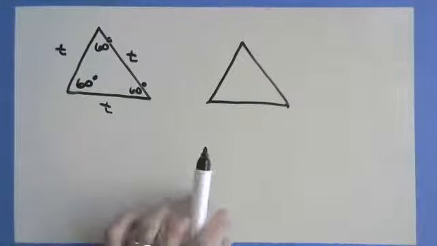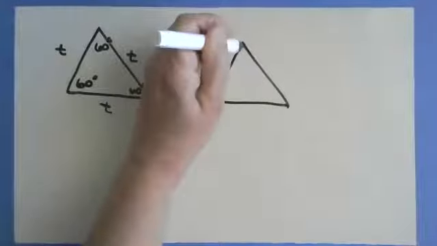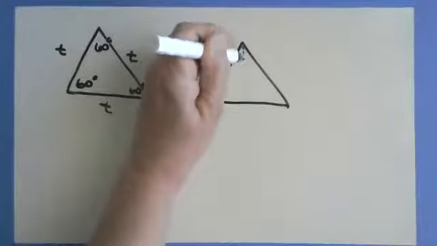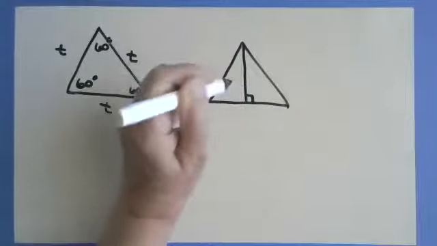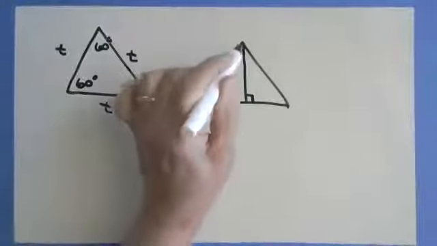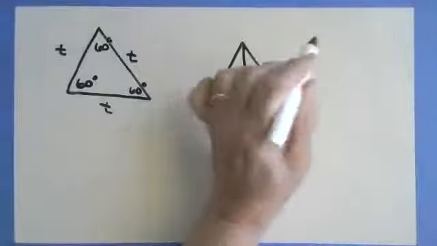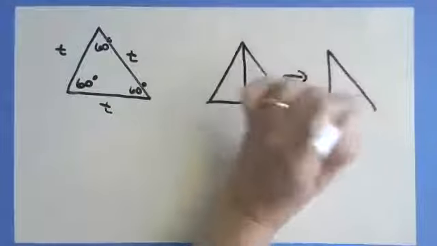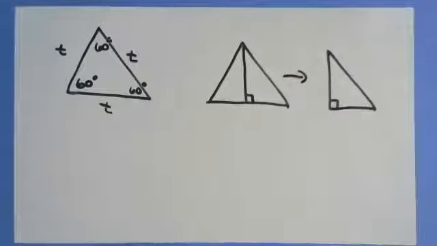To come up with our second special right triangle, we drop an altitude, which is a perpendicular to the base that goes through the opposite vertex. And we can see when we do this, we've created a right triangle in here, and we want to extract that right triangle, and then understand what all the properties and relationships are.